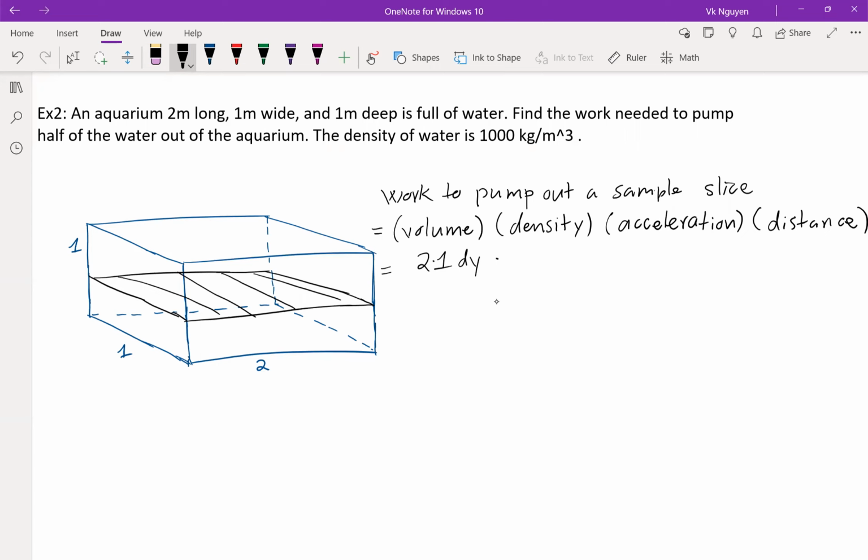Density 1,000. Acceleration 9.8. The distance, okay, same thing. If we use the y-axis, then this distance is y, and the distance required to move a sample slice of water is 1 minus y.